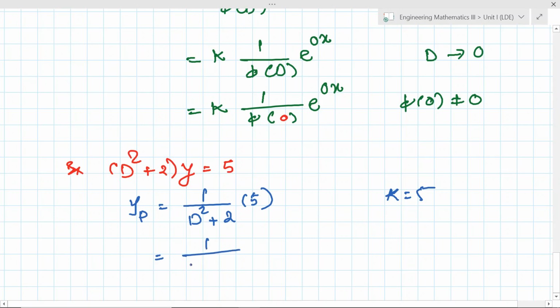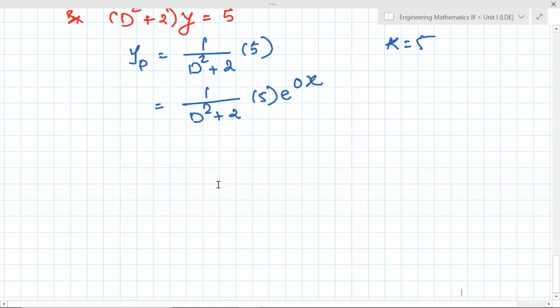So 1 upon d square plus 2 into 5 e raised to 0x. Now we can take that 5 outside, since 5 is constant: 5 into 1 upon d square plus 2 into e raised to 0x.